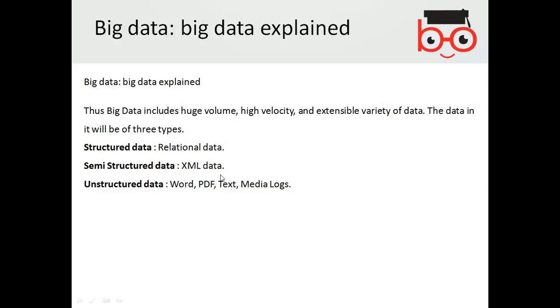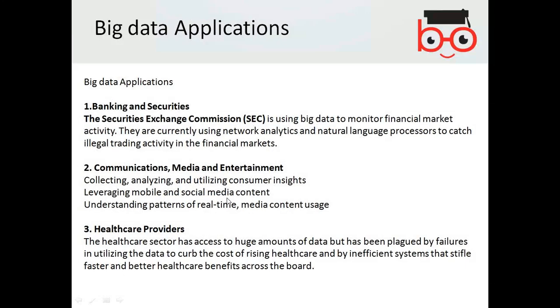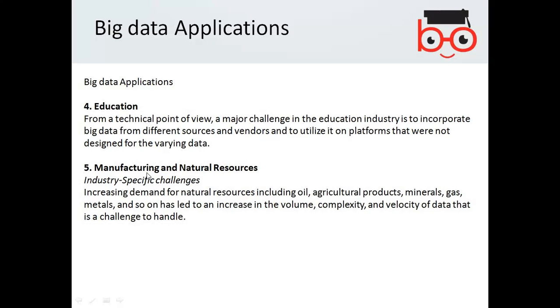So there is something about big data management. Big data management needs the organization, administration, and governance of large volumes of both structured and unstructured data. Some theoretical background, and certain applications of big data can be banking and securities, communications and media entertainment, healthcare providers, education and manufacturing, and natural resources.